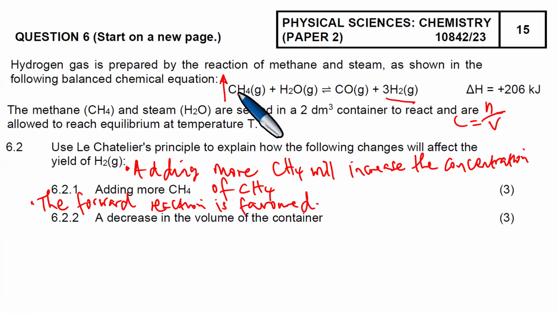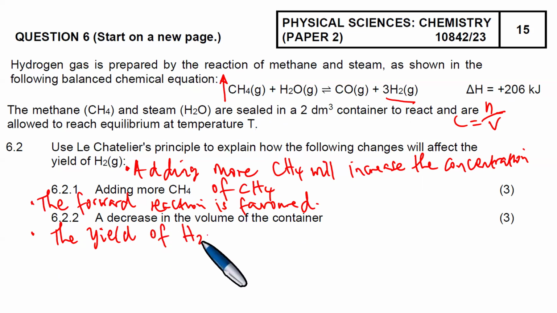You put more CH4, you are increasing the concentration of CH4, and by so doing, the forward reaction is favored. The yield of hydrogen gas will increase.